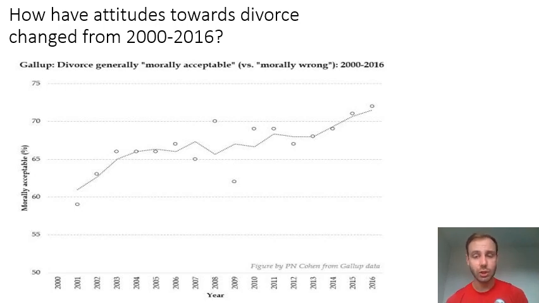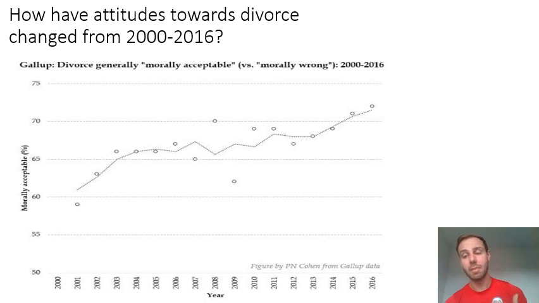So this shows that from 2000 to 2016, attitudes towards divorce have largely become more acceptable. So people are seeing divorce as more acceptable or less morally wrong over time.